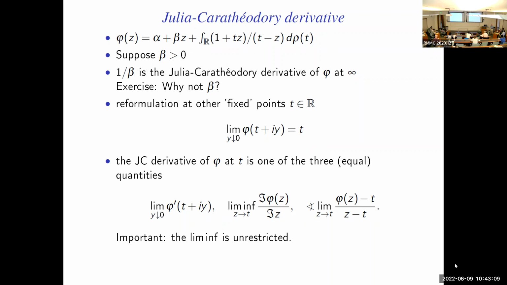Notice that in this limit there is no limitation on how you converge to the point t. It's the smallest possible value that you can get for a sequence zn converging to the point t. And it's also an angular limit, which here looks a little bit more like a derivative again, right? Phi of z minus t over z minus t, as z tends to t, but here it has to tend non-tangentially to the point t.